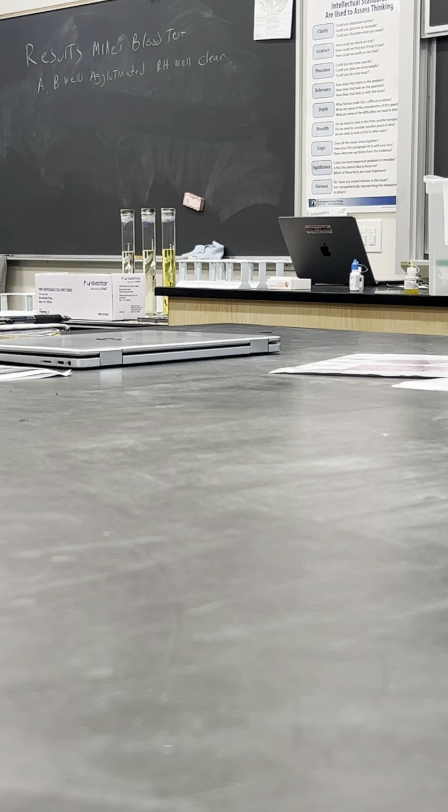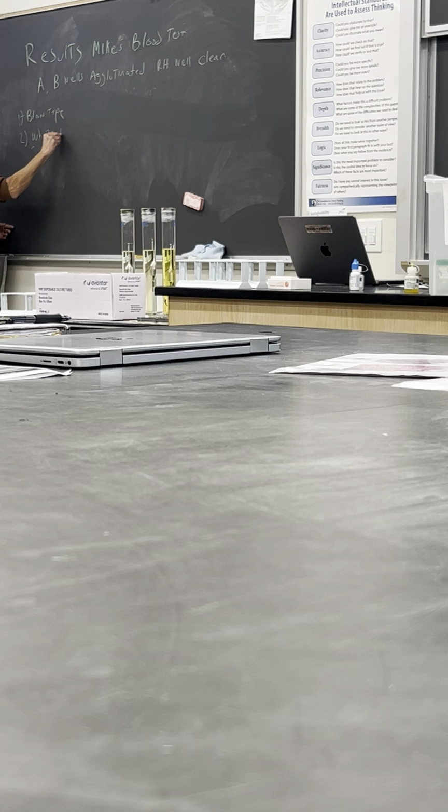From that, and I'll practice it, you get a series of multiple choice questions. What is Mike's blood type? These are multiple choice. What antigens are on the surface of the cells?